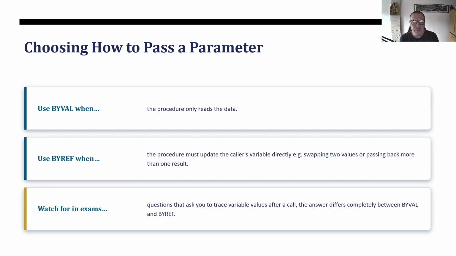So in exams, you will need to be careful that if you're asked to trace the value of a variable in a program algorithm, then you need to make sure that you know whether you're doing by val or by ref. It makes a lot of difference to the value of variables that you're tracing depending on which version the procedure is called with.